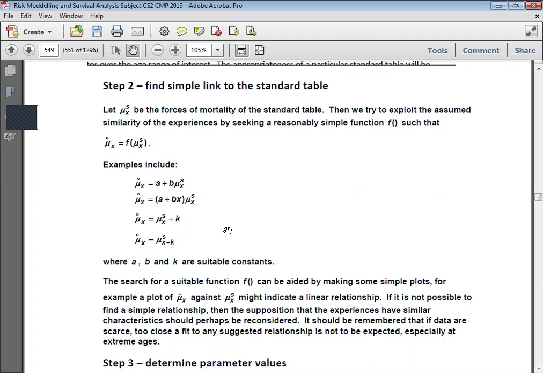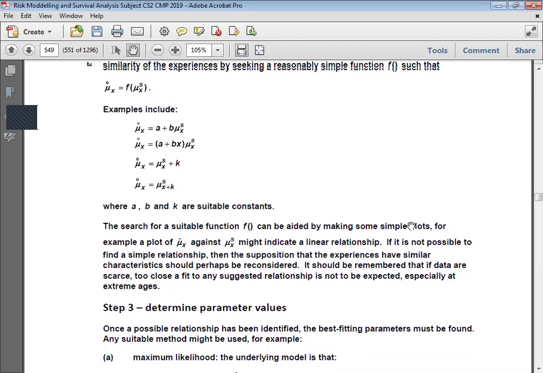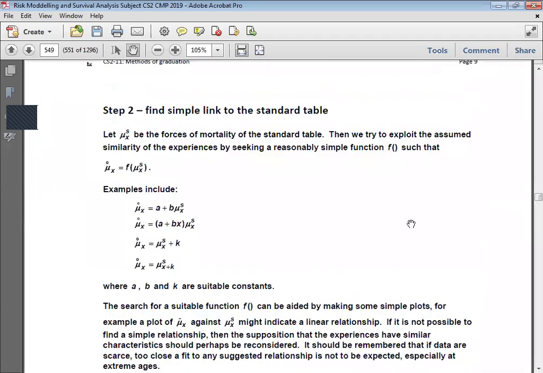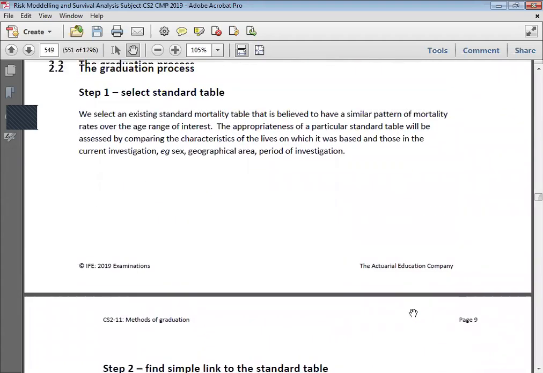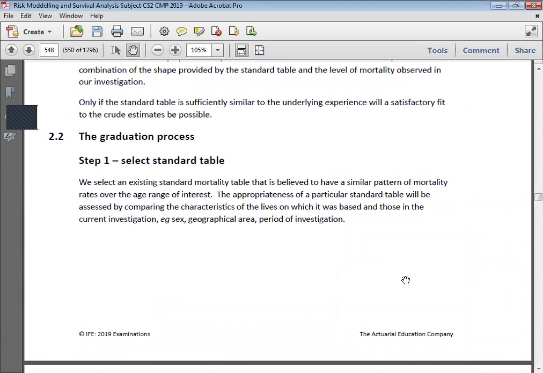Now the question will be, how do you figure out these relationships exist, right? A very simple thing we do in regression, or in anything, is we plot the dots and we see if there is any relationship. And we try to get a line or something very nice. And once we have that, then yeah, that is what we will do. But even before we figure out a link between the standard table and our rates, what we want to do is select a standard table.